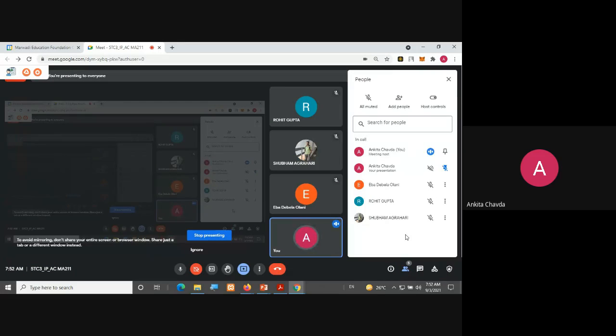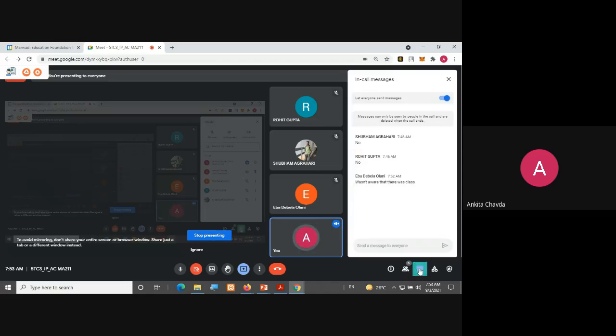See, you need to join on time, right? Our session time is 7:30, and you guys are joining only for attendance after half an hour or after 40, 50 minutes every time. This won't be allowed, right? Every time I know that few students are joining at the last only, and that I know. So I won't mark the present. If you wish to leave, you can. Already the message was passed yesterday only, right? So you can't say that you don't know about the classes.